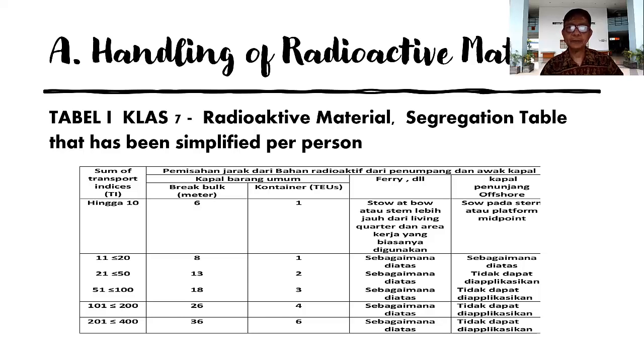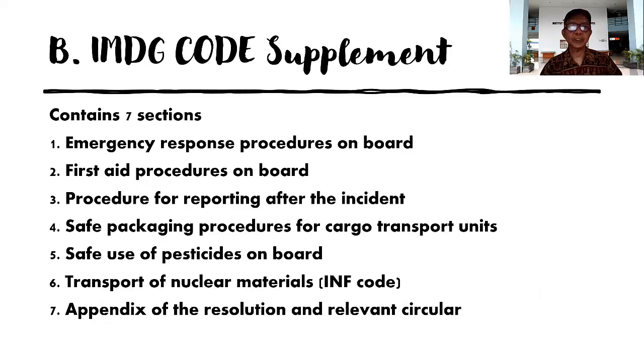And the second one, we're talking about the contents of the IMDG Code Supplement. There are 7 sections in this IMDG Code Supplement. First, emergency response procedures on board. The second is first aid procedures on board.